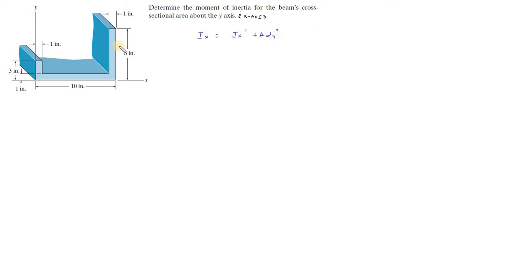In this case, since they're rectangular shapes, our Ix prime is equal to 1/12 the base times height cubed. Any types of shapes, circles, half circles, triangular shapes, they all have their own formula, and you can find these in the back of your book. So take a look at the back of the book, because you might be able to use these for your final exam.